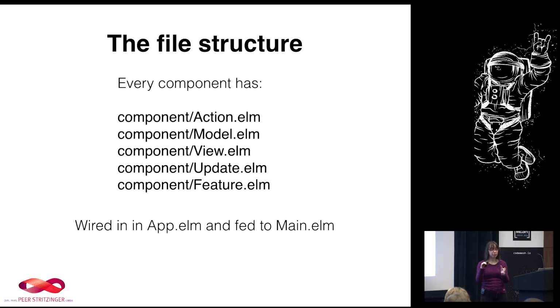In the feature file, you wire up all the mailboxes, so you can build your component. Then in the app file, we wire up those mailboxes into a bigger one, and then we wire that component into the main, because the main takes init, update, and view functions, as you might remember. So there needs to be one point to wire everything up.